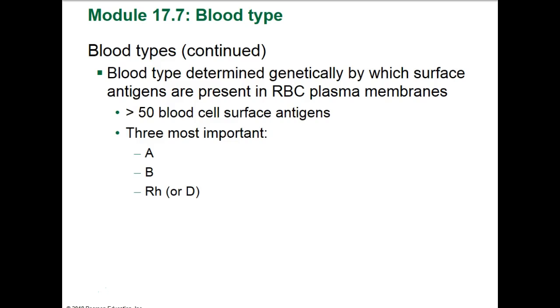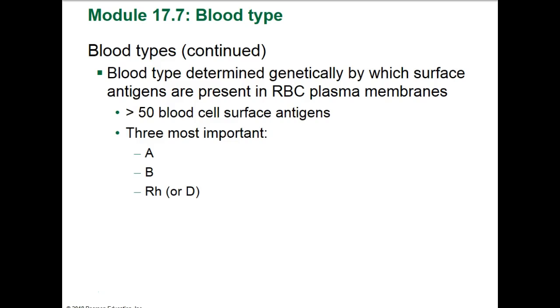So your blood type is determined genetically by what antigen is on the red blood cell plasma membrane. And we only talk about A, B, and Rh factor, or D, but there actually are more than 50 blood cell surface antigens.